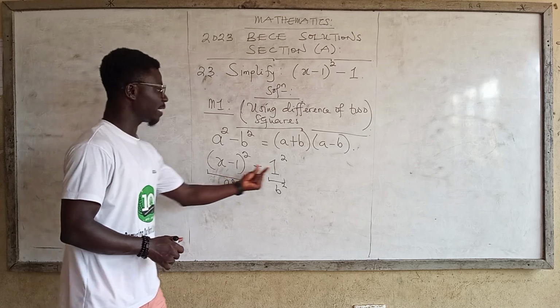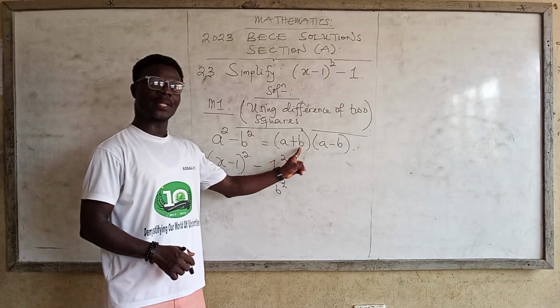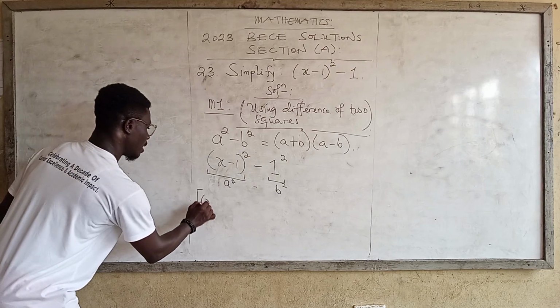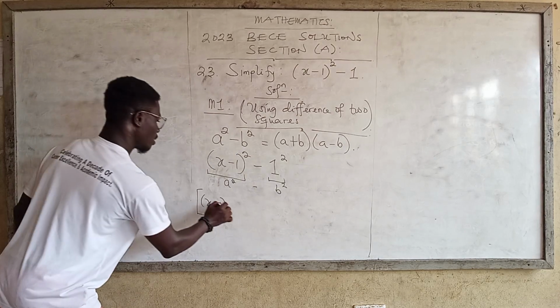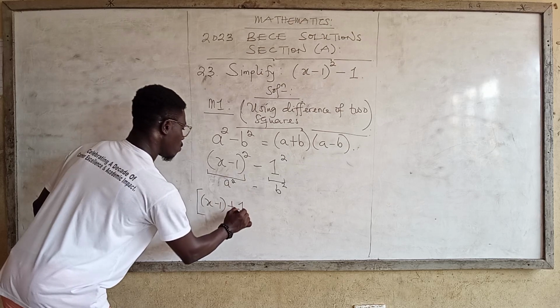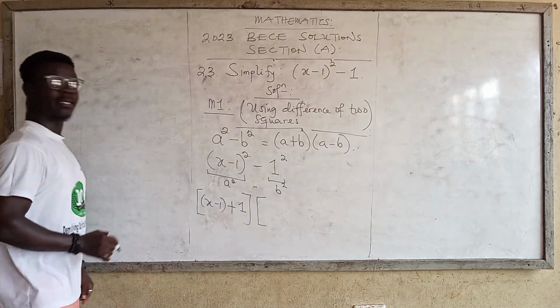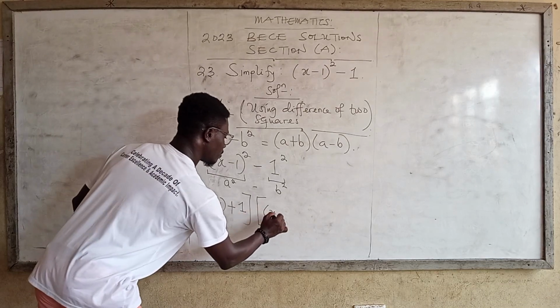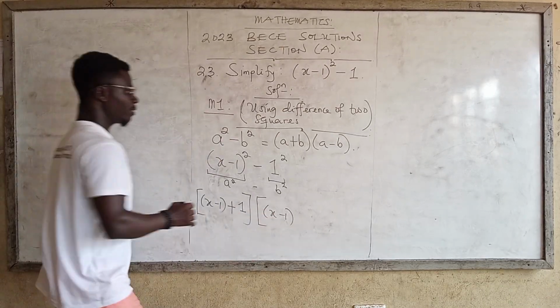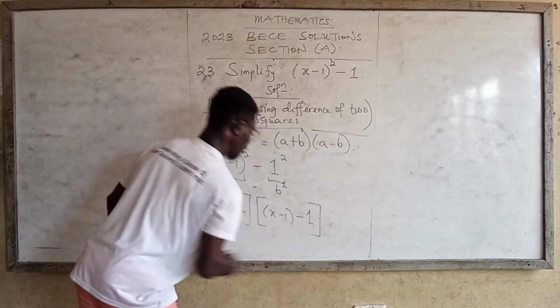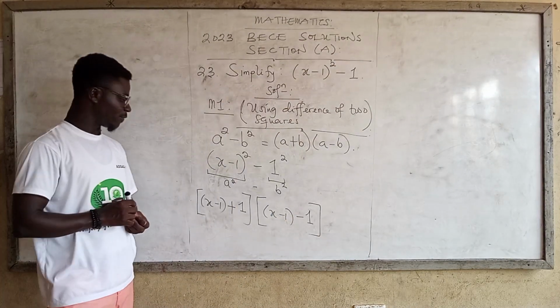So this one is a, this one is b. They said what? a plus b. So I get x minus 1 plus 1. And they said use that to multiply a minus b. What is a? x minus 1. Then minus what is b? 1.